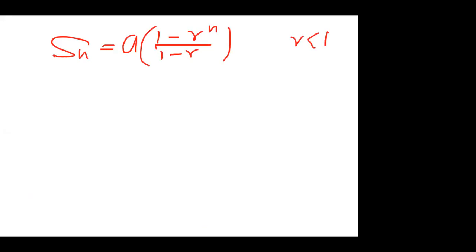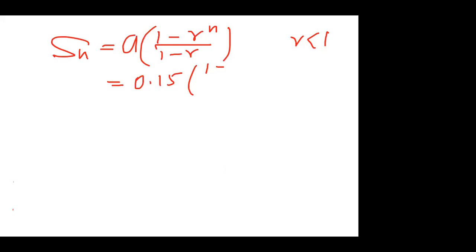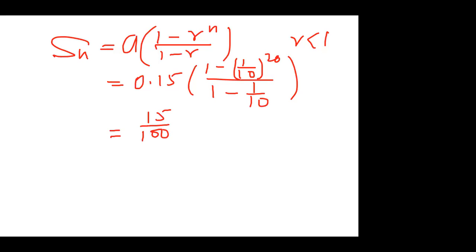So a is 0.15, 1 minus r, r is 1 upon 10. S_20 equals 0.15 into 1 minus 1 upon 10 to the whole power 20, upon 1 minus 1 upon 10. Now let us simplify. 15 upon 100 after removing the point.